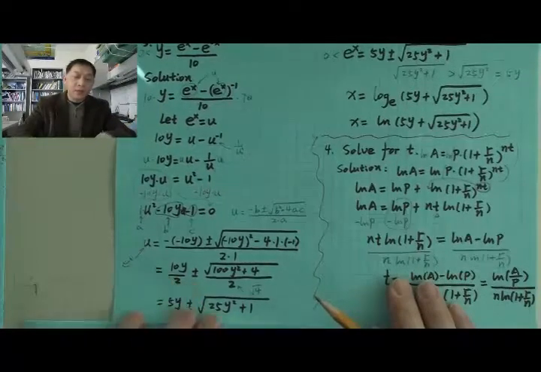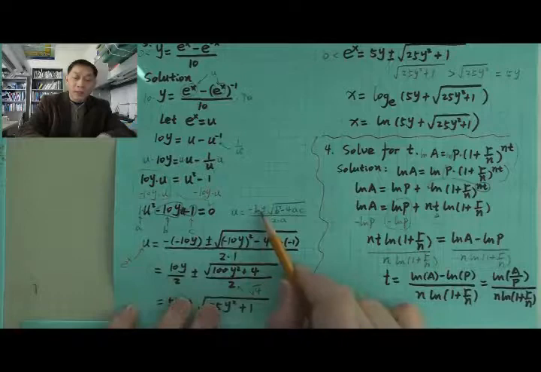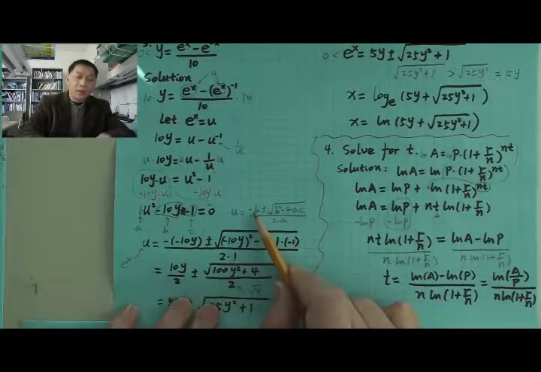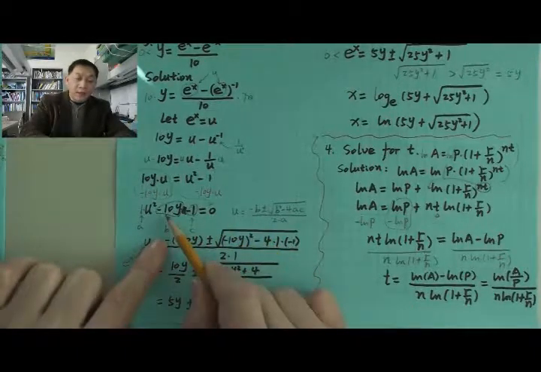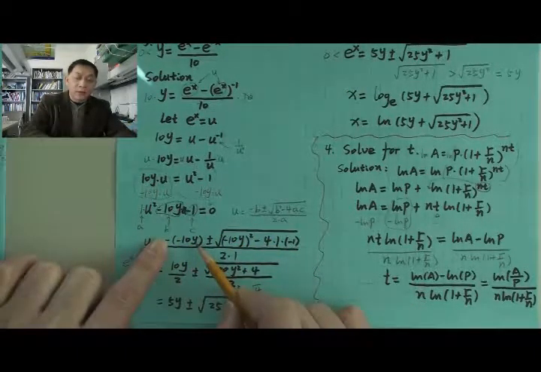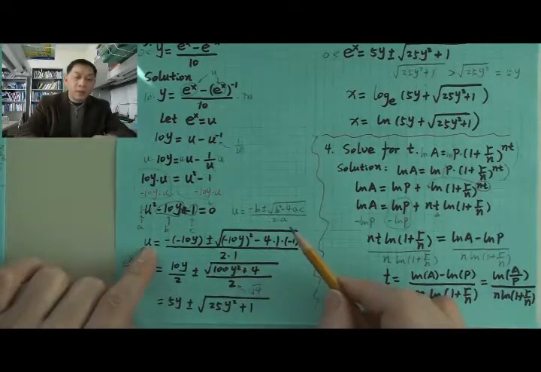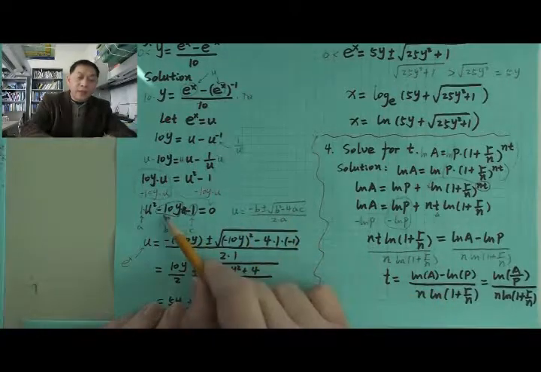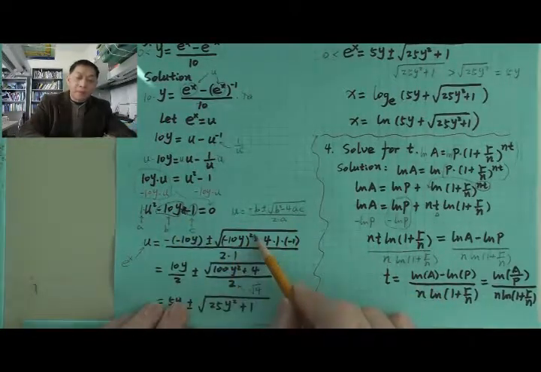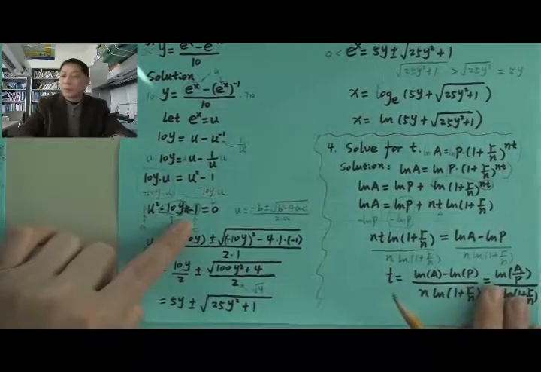You can see b was negative 10y, and there was a negative in front of it. So that's negative, and then b is negative 10y, so a negative negative is going to be positive. Plus minus radical of b squared, that's negative 10y squared, minus 4 times a is 1, c is negative 1.